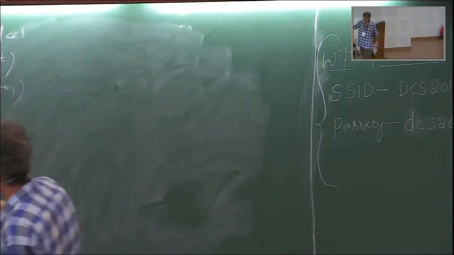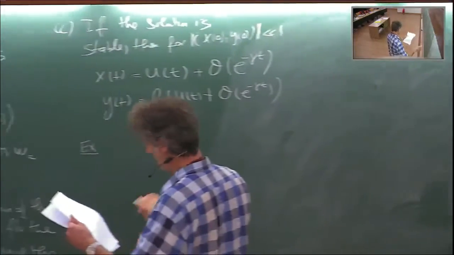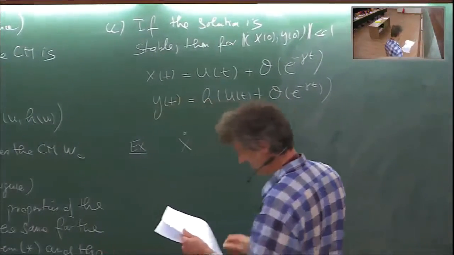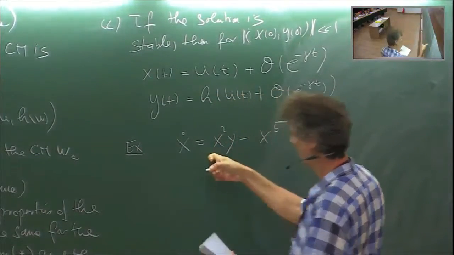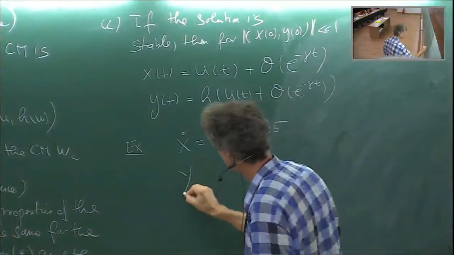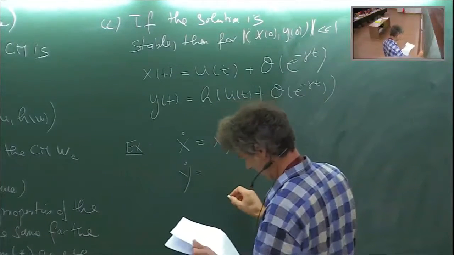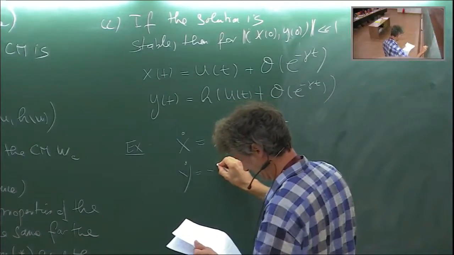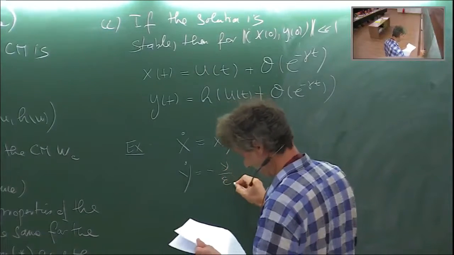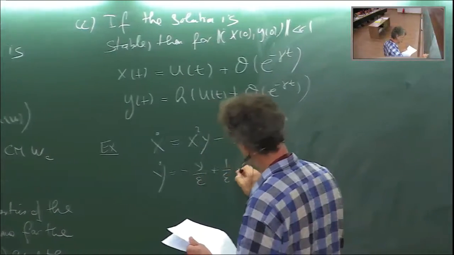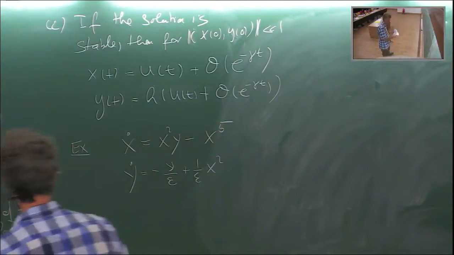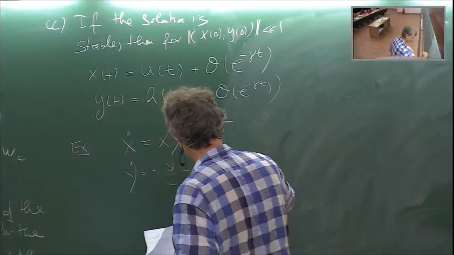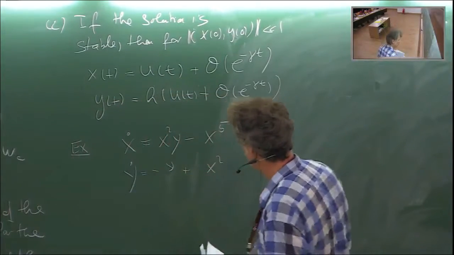Okay, so let's take an example. Let x be in R, with no linear term here, and y dot is minus lambda y plus x squared.